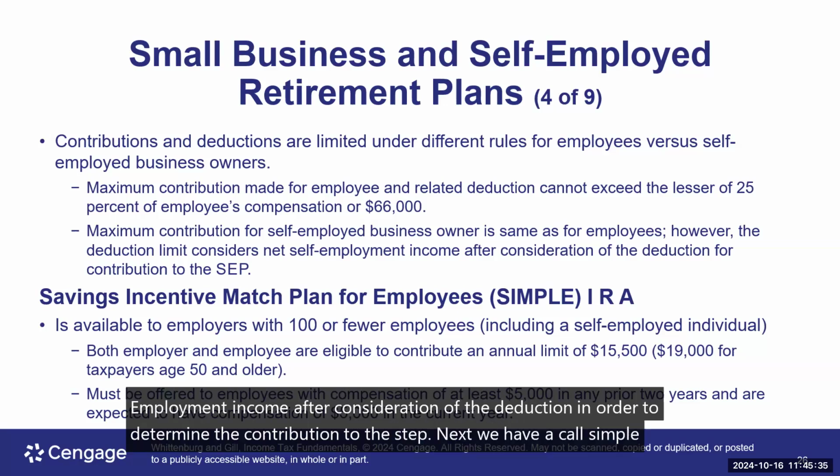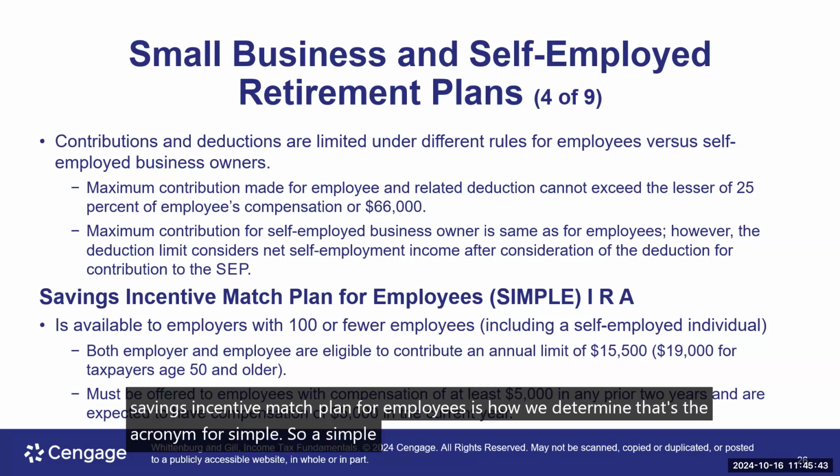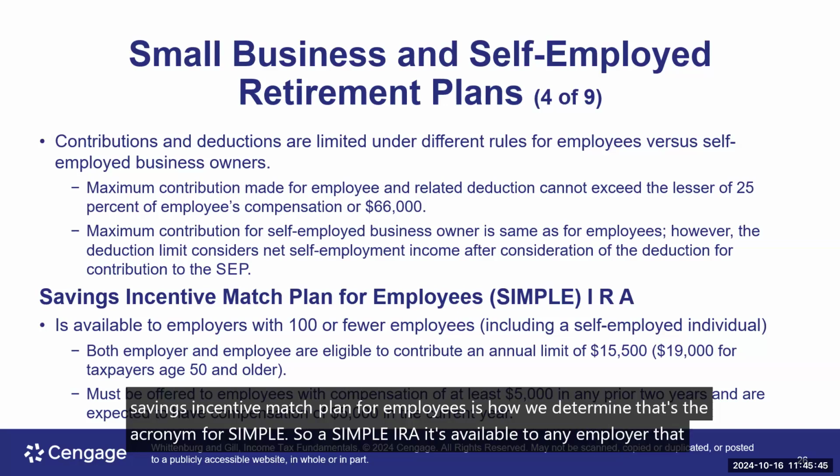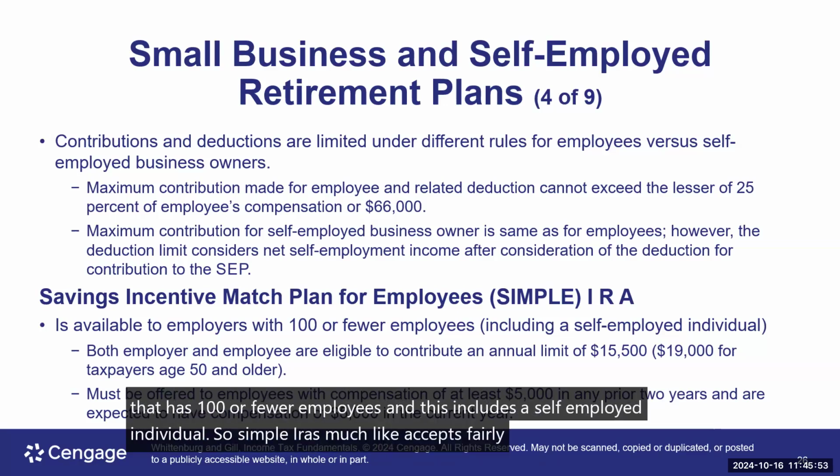Next, we have what's called SIMPLE IRAs. Savings Incentive Match Plan for Employees is what the acronym SIMPLE stands for. A SIMPLE IRA is available to any employer that has 100 or fewer employees, and this includes a self-employed individual. SIMPLE IRAs, much like a SEP, are fairly similar to establish with the IRS.